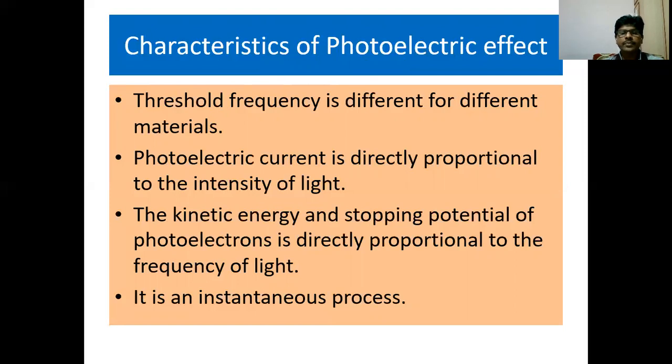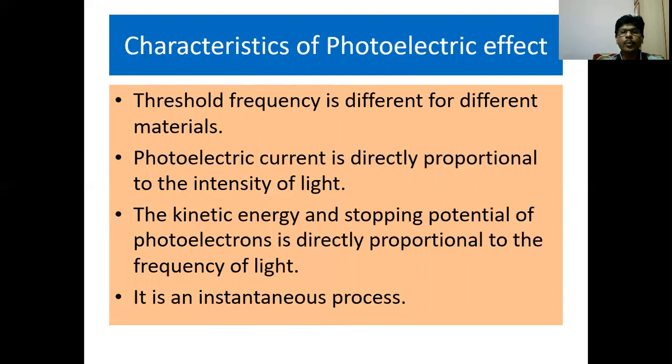As we have seen, the electrons to come out of the metal surface require a minimum amount of energy known as work function. So if the energy is minimum, the frequency also should have a minimum value. That frequency is known as threshold frequency. That is why it is stated that threshold frequency is different for different materials.